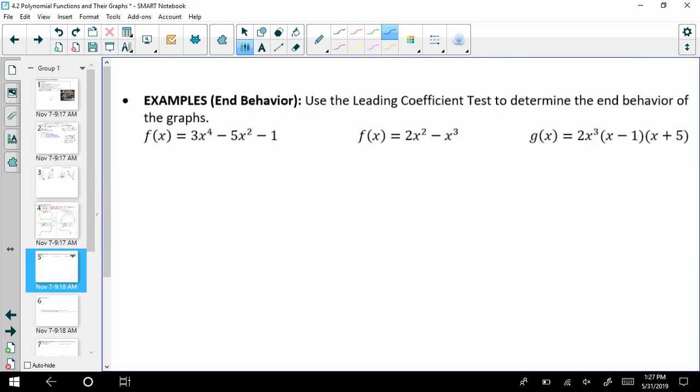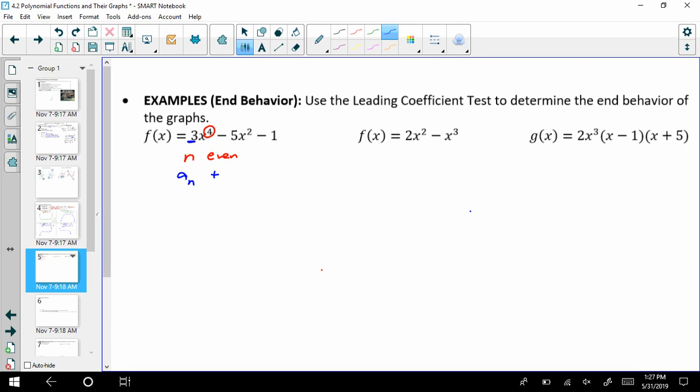So let's try this. Use the leading coefficient test to determine the end behavior of the graphs. So let's identify the highest exponent. So n is even, and the leading coefficient out front, a sub n, is positive. I should now know what the ends are going to do. If it's even, I want you to think the same.